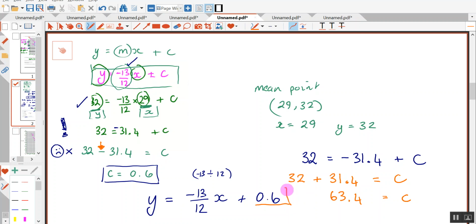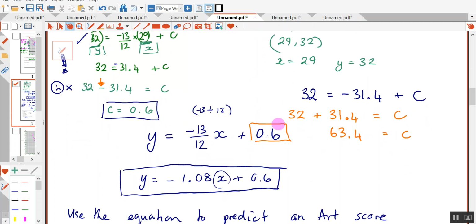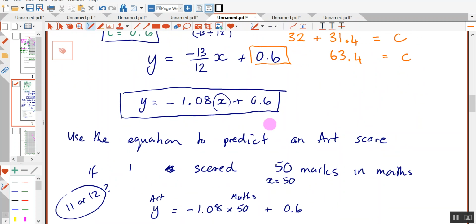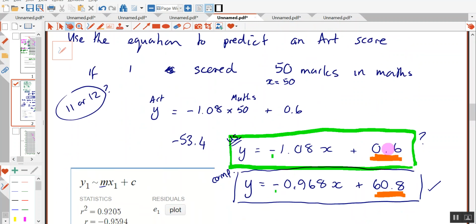Our 0.6 should have been what? 63.4. So then we can change that. So in our equation here, instead of 0.6, we can have 63.4. All right. Does that look a bit better now?